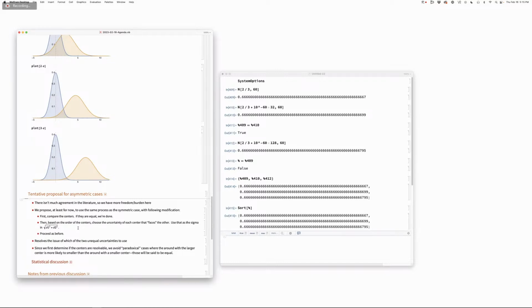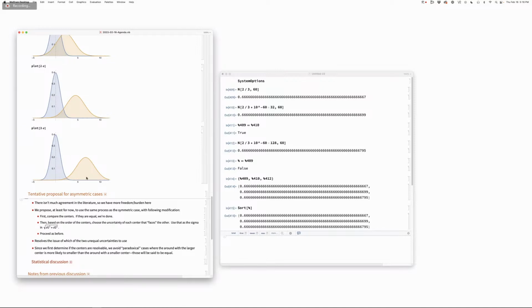Okay, so you're saying look at the facing sigmas and then apply this criterion. Which means, are there paradoxical cases where you have a very wimpy opposing sigma? Yes, exactly.